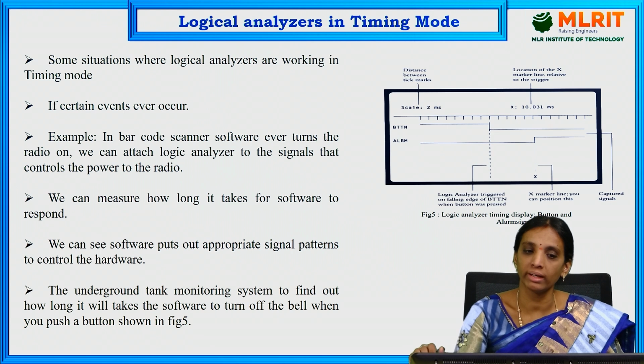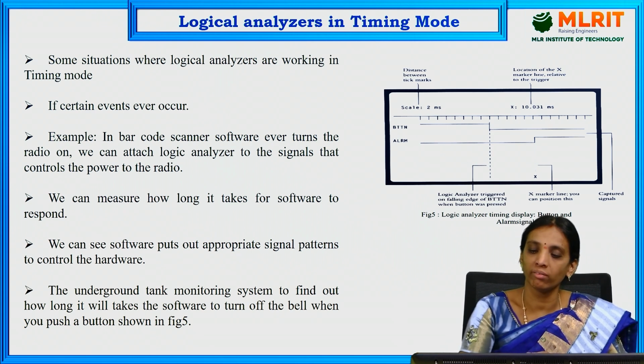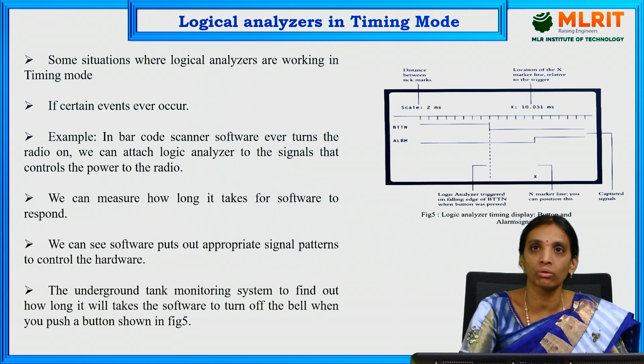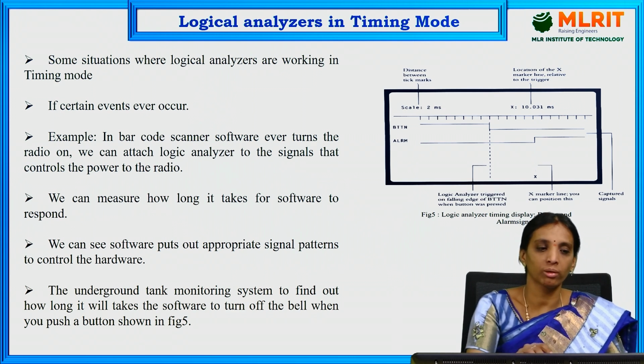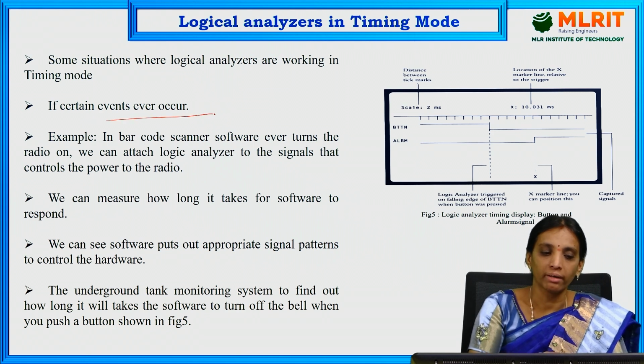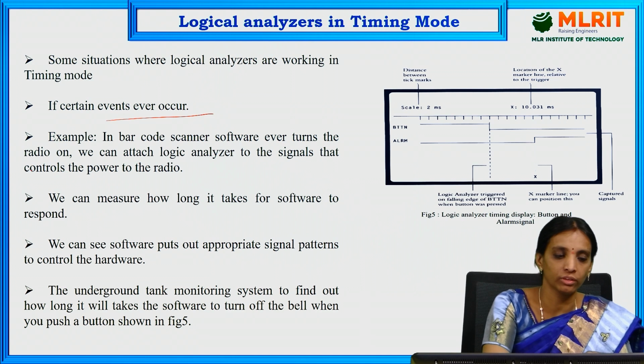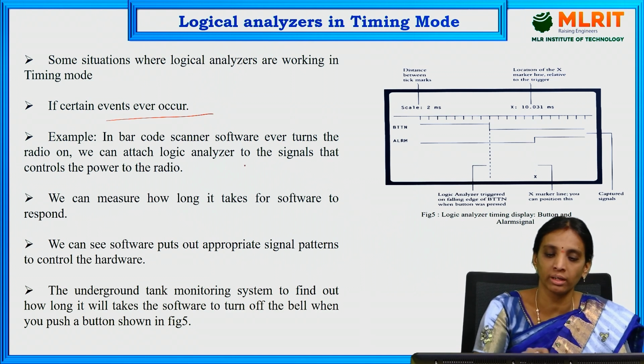So the first one is logic analyzers in timing mode. Timing mode means whenever certain events occur with respect to time, those will be displayed in the logic analyzer. For example, in barcode scanners, whenever software turns the radio on, we can attach the logic analyzer to the signals that control the power to the radio.